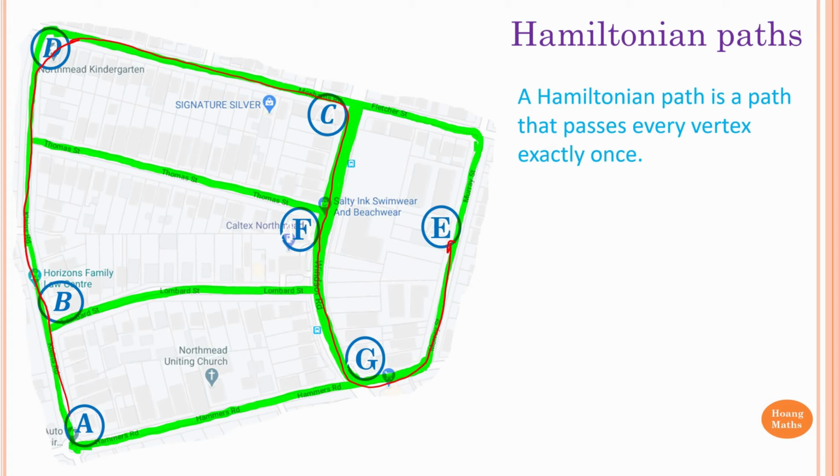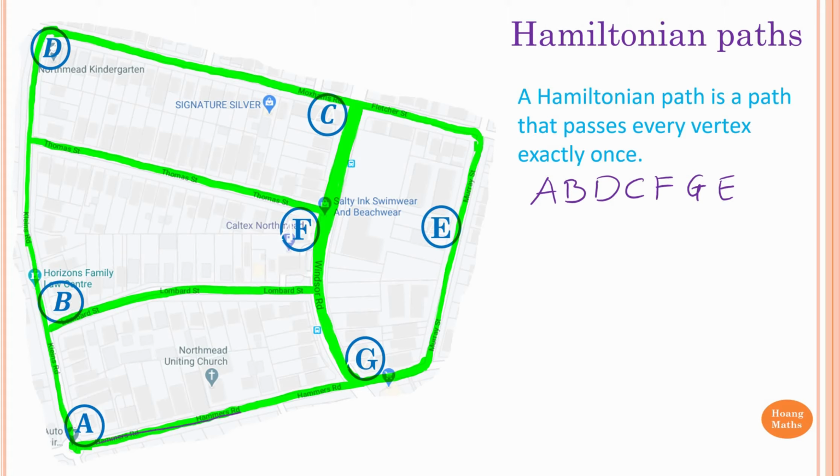So the Hamiltonian path is, I just write this down: I, and then B, followed by D, C, F, G, and end at E. Or I can go this way, start from my house, of course.